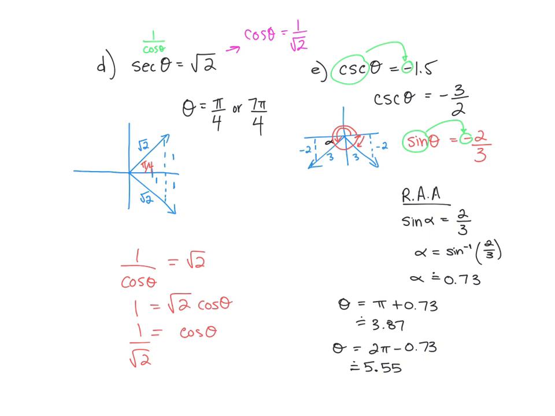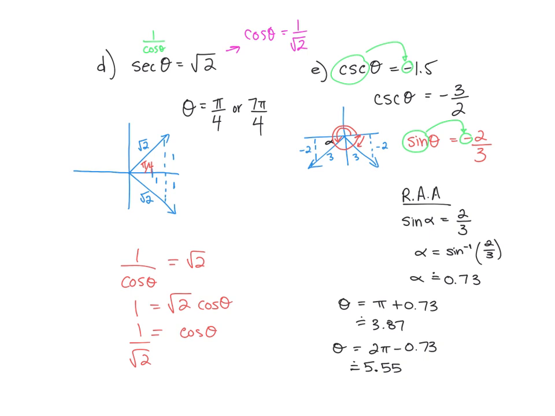So, a couple things you'll notice. So to recap on this, in question D, we were given a ratio that produced a special triangle. So it was really quick to come up with my final answer by just thinking of my question as secant theta equaling root 2. So my hypotenuse over my opposite. I was very quickly able to get to that final values for theta.